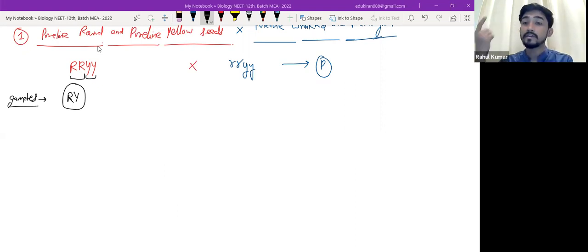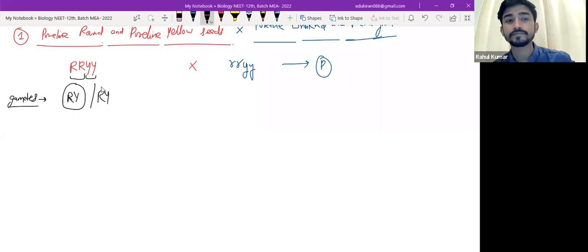Actually, in our body, there are more than 25,000 characters, and they come in 23 pairs of chromosomes. So we are just dealing with a dihybrid cross here. So this will be the only gamete possible because the other gamete possible will also be the same one, right? So both are the same type, yes or no?